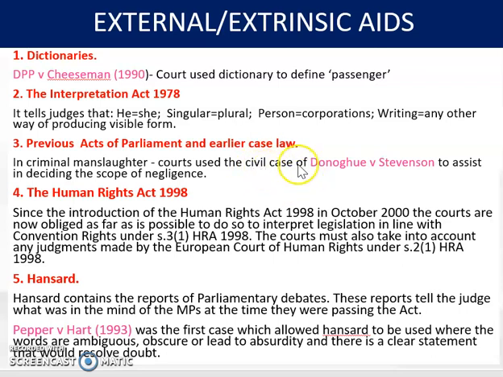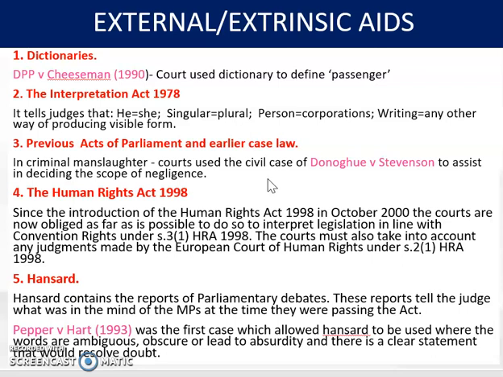Although that was a civil case, that case was used in criminal manslaughter in order to determine duty of care for gross negligence manslaughter. So even if it's from another area of law potentially, it can be of assistance to a judge in another area.